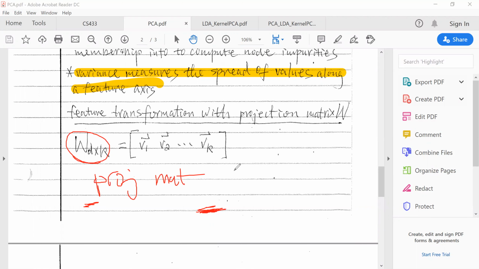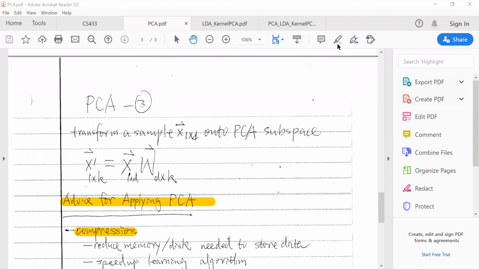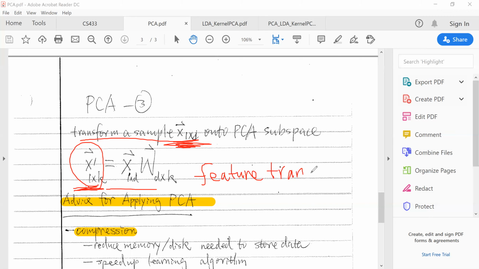Once you find it, you can use it to find the new principal components, and you can transform your sample data onto this new sample space. So you can do feature transformation. This part shows feature transformation, so we can achieve that.